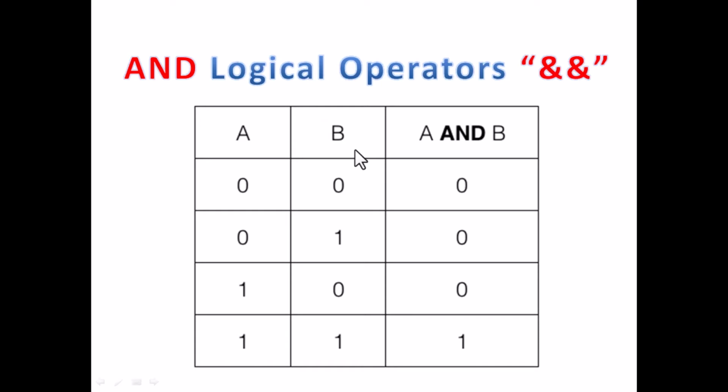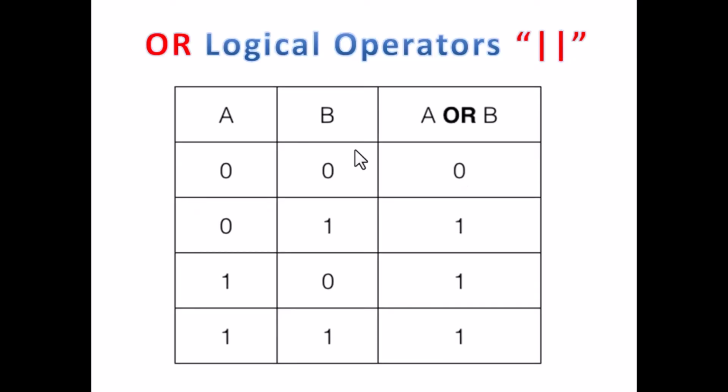Moving forward, we have the OR operator. The OR operator says that if we have both inputs being 0, the output will definitely be 0. But if there is truth in any of the inputs, which is any 1, remember I said 1 is true and 0 is false, then the OR operator says that if there is any truth in either the first input or the last input, there's going to be a true outcome.